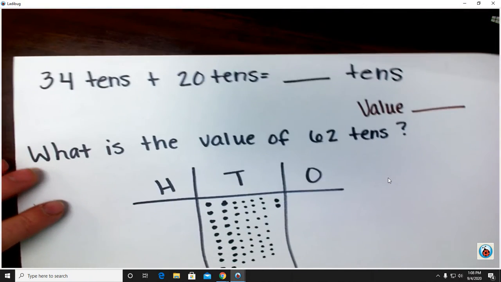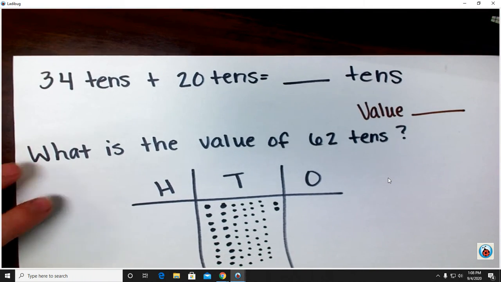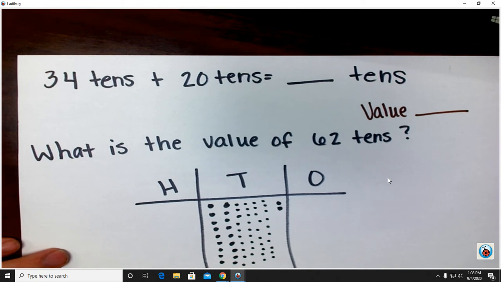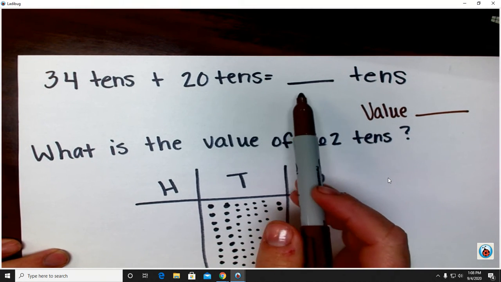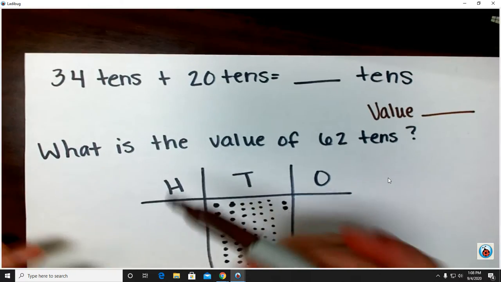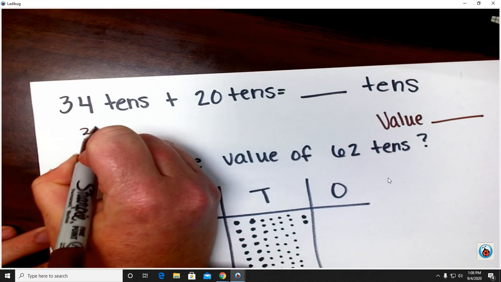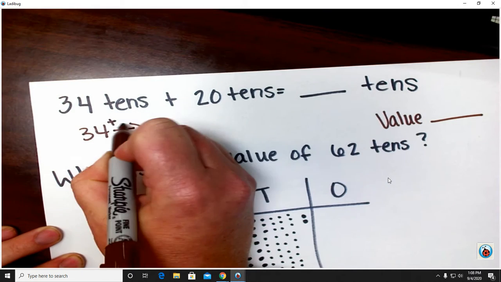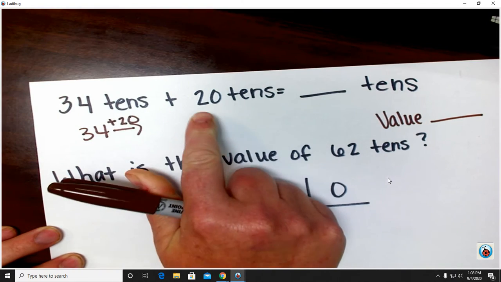Okay? A new skill that comes with this lesson is something that looks like this. So 34 tens plus 20 tens equals how many tens? So you would still do this the same way. So I'm going to bring down my 34, and I'm going to add plus 20 because I need 20 tens.